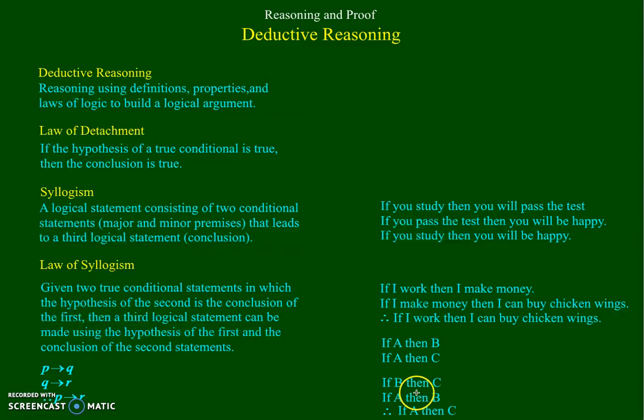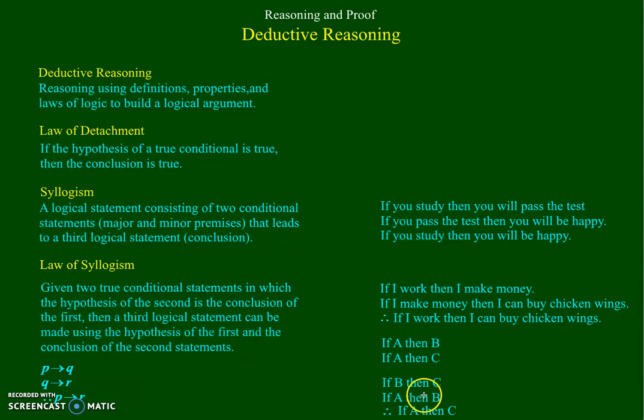Now here we have a situation where the order is reversed, but this is a valid use of the law of syllogism. Notice that the hypothesis of the first statement is the conclusion of the second statement. Notice we have this cross-copying of conclusion to hypothesis. In actuality, this would have been correctly stated as if A then B, if B then C, but you could still say if B then C, therefore if A then B, and so finally if A then C. So the order doesn't really matter.